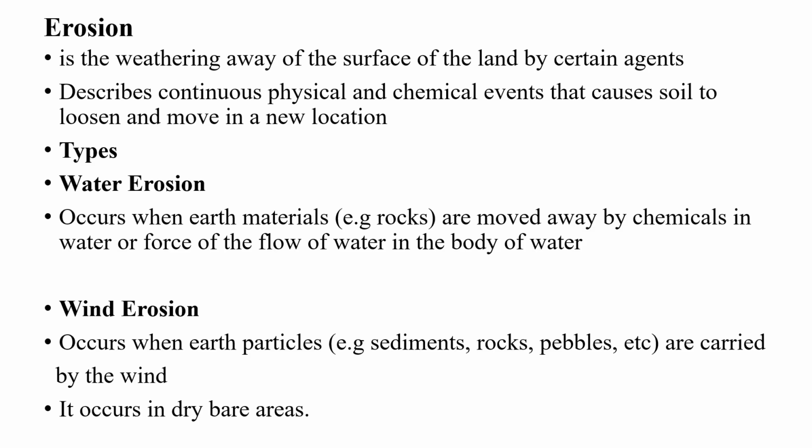Wind erosion occurs when earth particles like sediments, rocks and pebbles are carried by wind. This normally occurs in dry, bare areas, areas where you don't have trees, so it's very easy for wind to carry these earth particles.